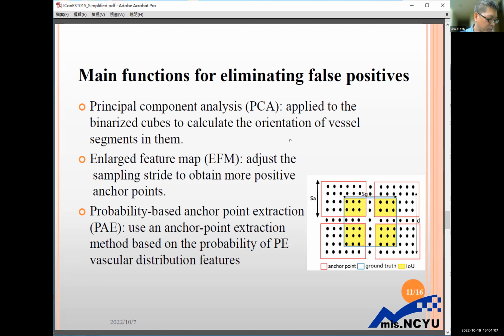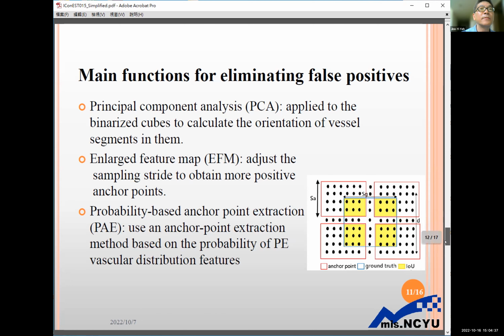The second main function is the enlarged feature map, EFM. It is used to adjust the sampling stride to obtain more positive anchor points. The third one is probability-based anchor point extraction, an anchor point extraction method based on the probability of PE vascular distribution features.